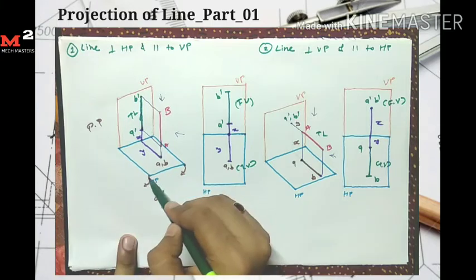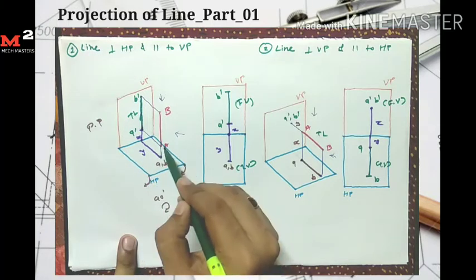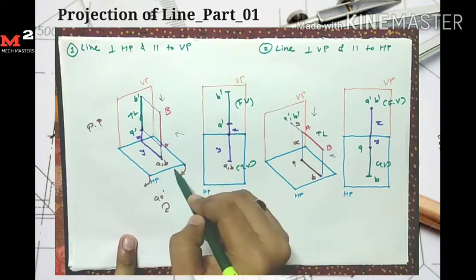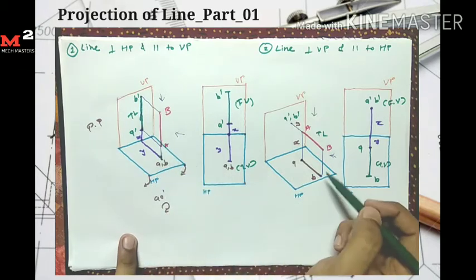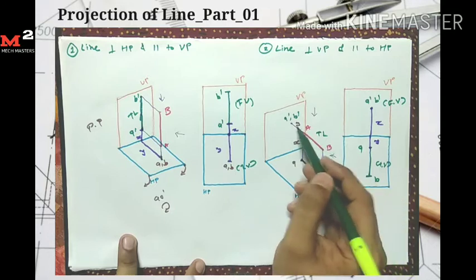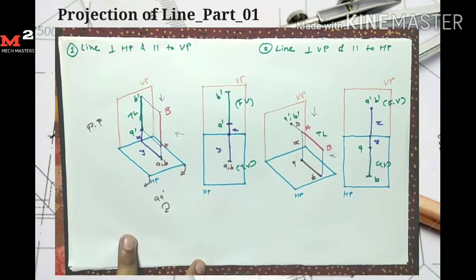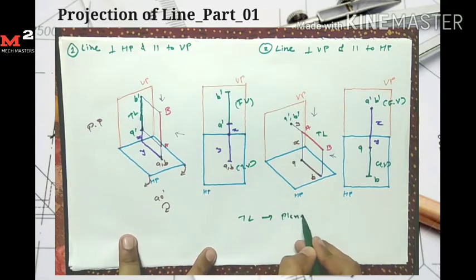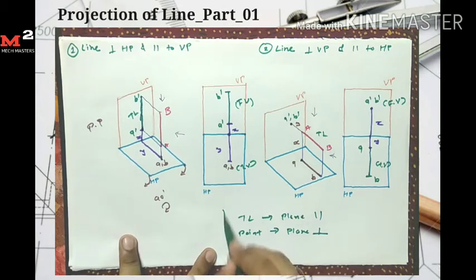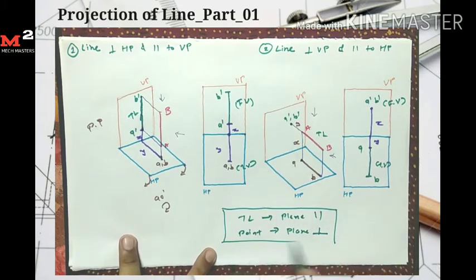For example, here line is perpendicular to HP, so we get only 1 point on HP. And here line is perpendicular to VP, so we get 1 point for line AB on vertical plane. So we get the true length of the line on the plane which is parallel to the line, and we get the point for the line on the plane which is perpendicular to the line. So this is the conclusion of these two cases.